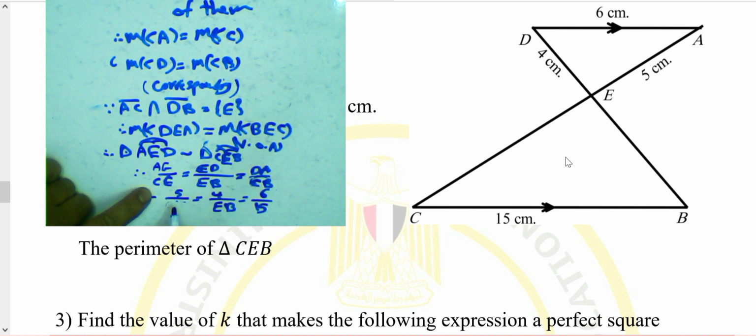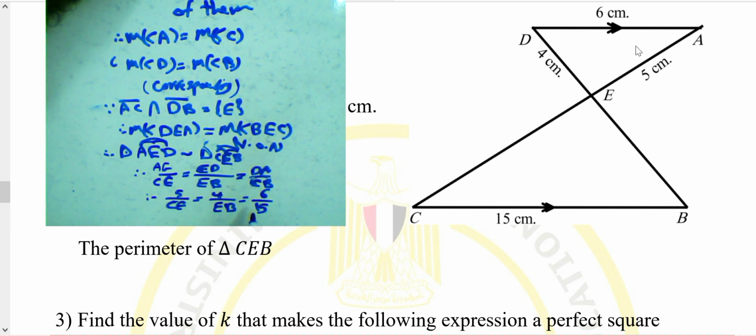We don't know CE and EB. So 5 over EC equals 4 over EB equals 6 over 15.